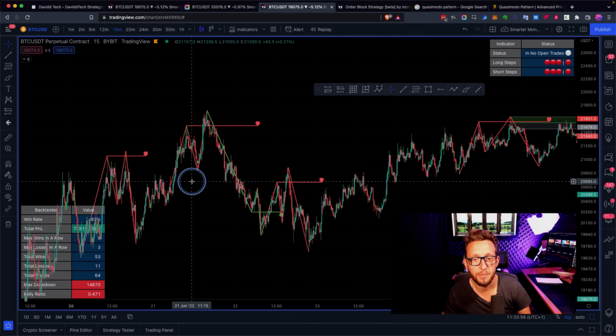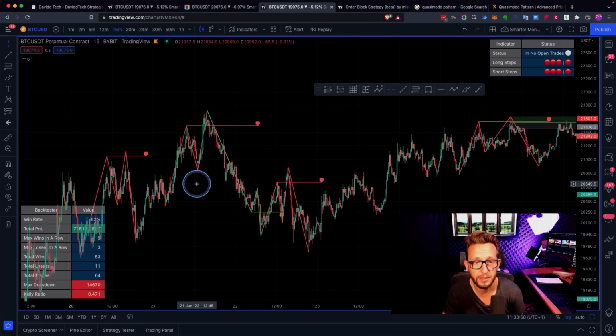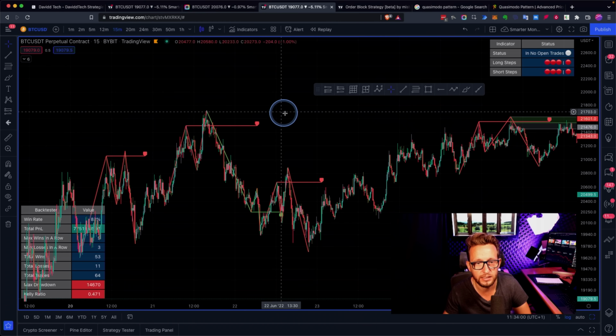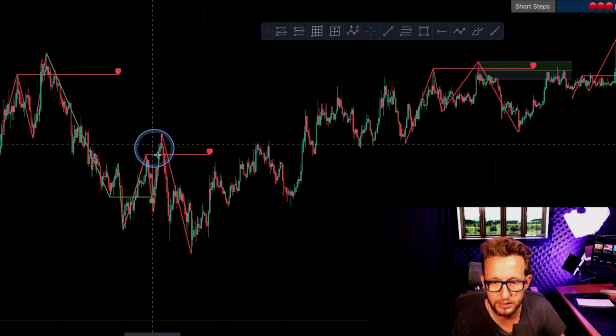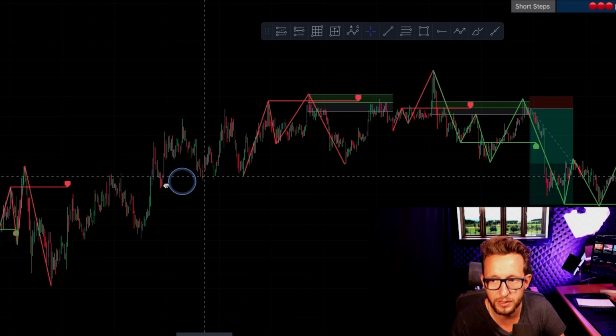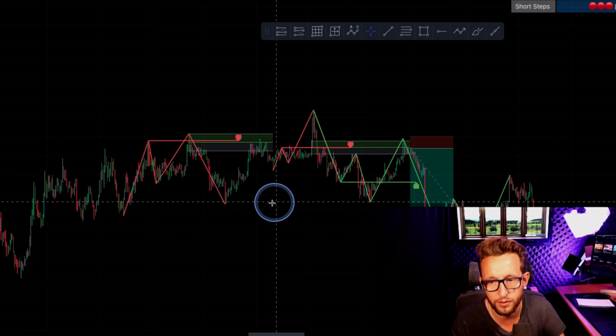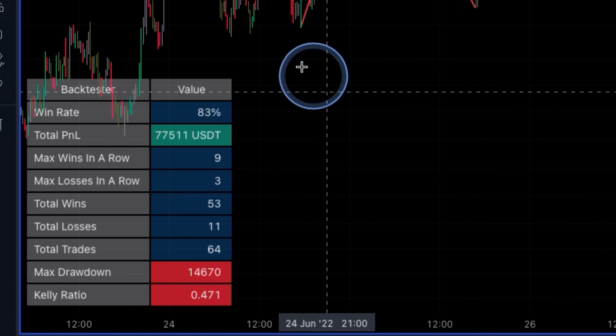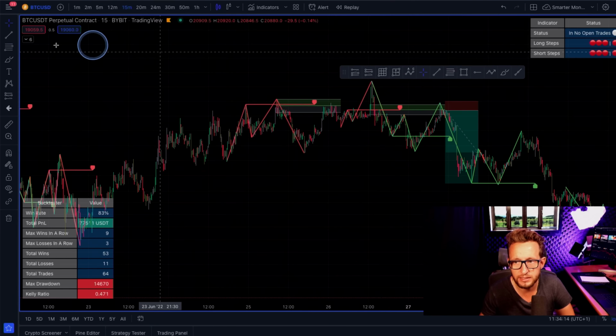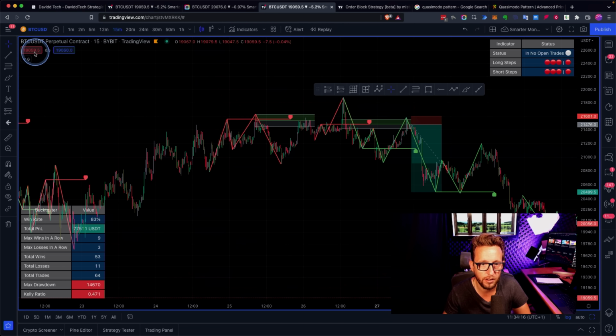Right, here I am on my screen, back at the 15 minutes on USDT. So what I've been doing is trying to identify these movements here, like I said, using a kind of order block system. And as you can see, we have quite a good win rate. Now, this is the new DaviddTech boilerplate.